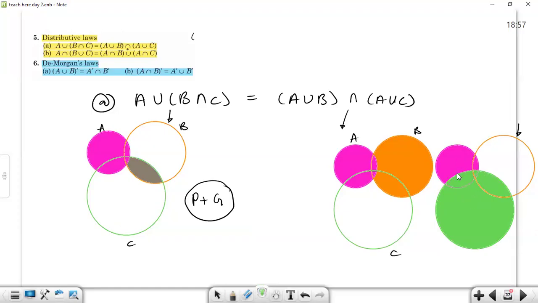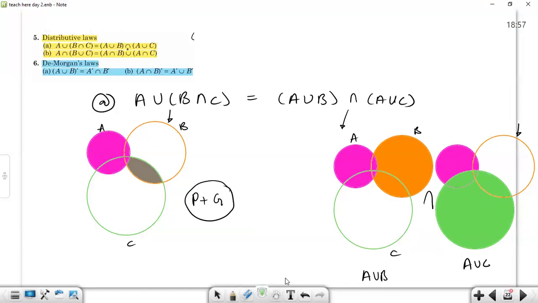So this shaded region is A union B, and this particular shaded region is A union C. We have to take the common of both. So what is the common in between these two?